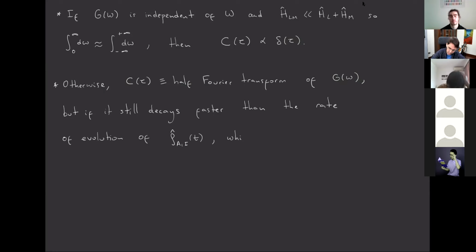And this rate of evolution, you can approximate it by the spectral function of epsilon, or if you want by what we define as gamma, more concretely, then we can do what we will call the Markov approximation, okay?